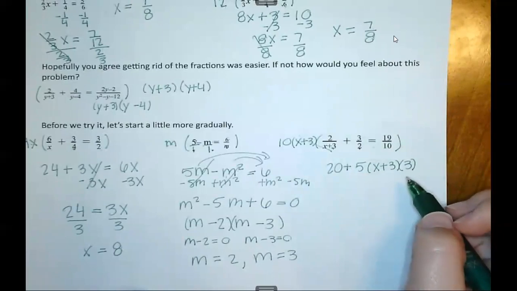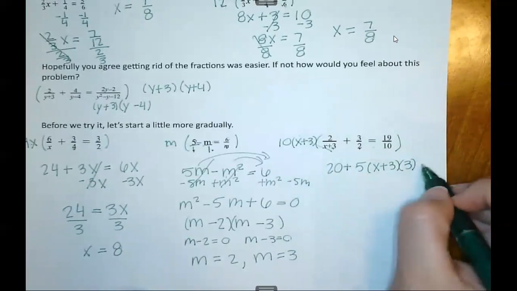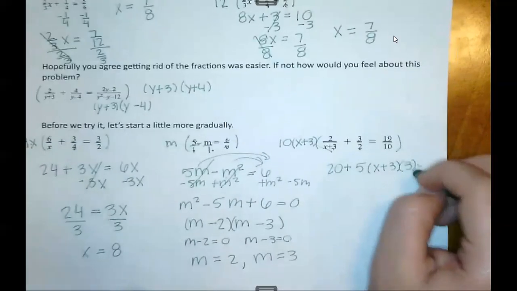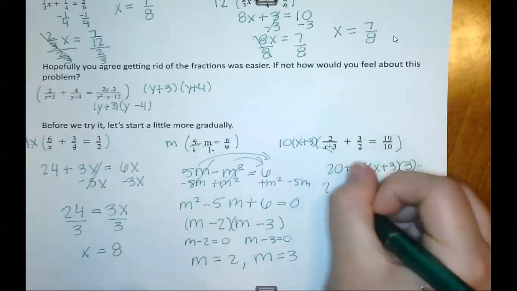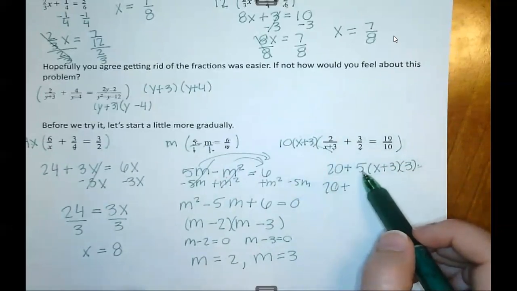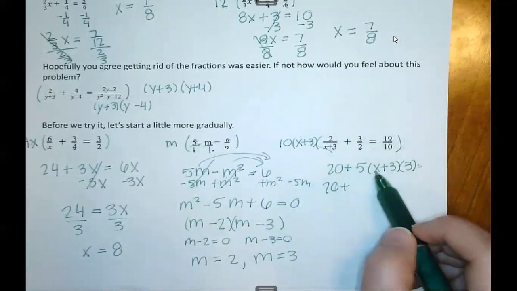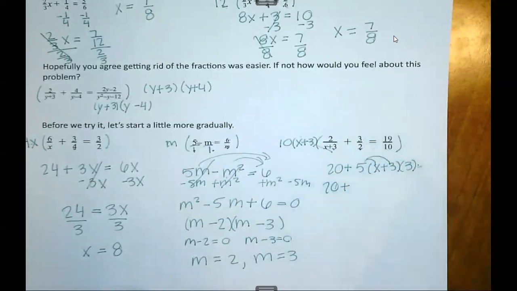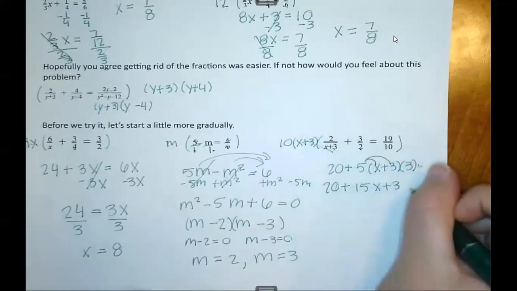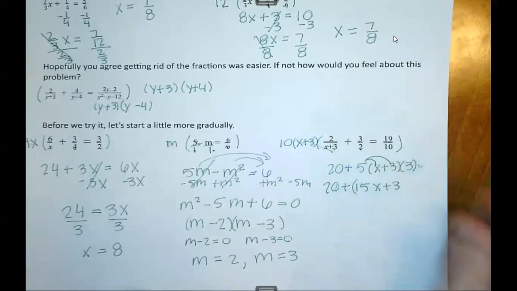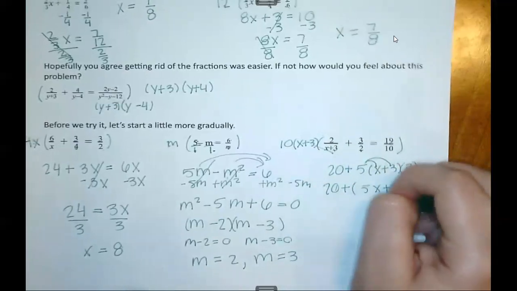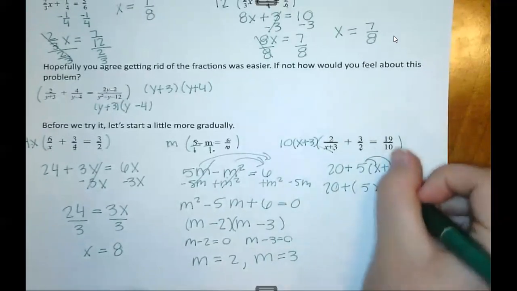So if I wanted to, well, here, I'm going to run out of room anyway. Okay, so we can simplify that part. So we only have a 20 plus, I can multiply the 5 into the parentheses here. 5x plus 15 when I distribute.